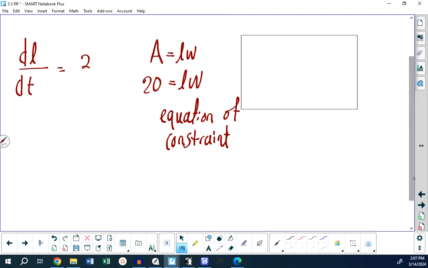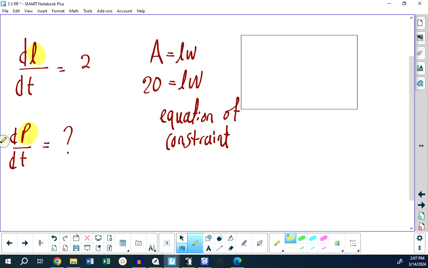Holy smokes. Okay, so now we want to find dp/dt. So I guess what we do here, Christian, is we start off with a formula relating the variables whose rates of change are listed, right?